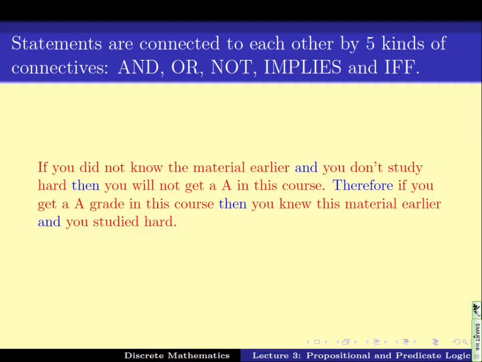As I told you earlier, not necessarily this exact set of words will be used. One can use other synonyms of it. For example, in this case, then and therefore have been used. So then and therefore are actually synonyms of implies.